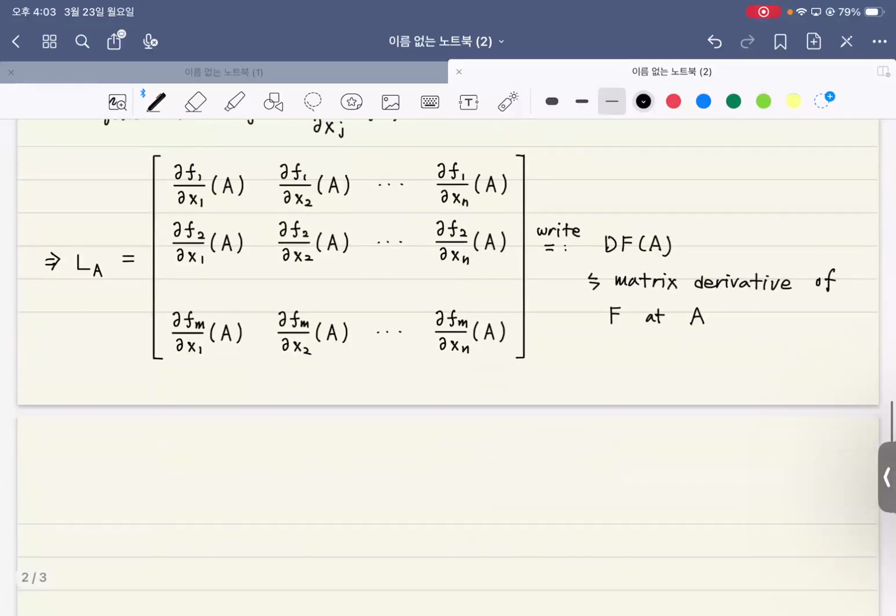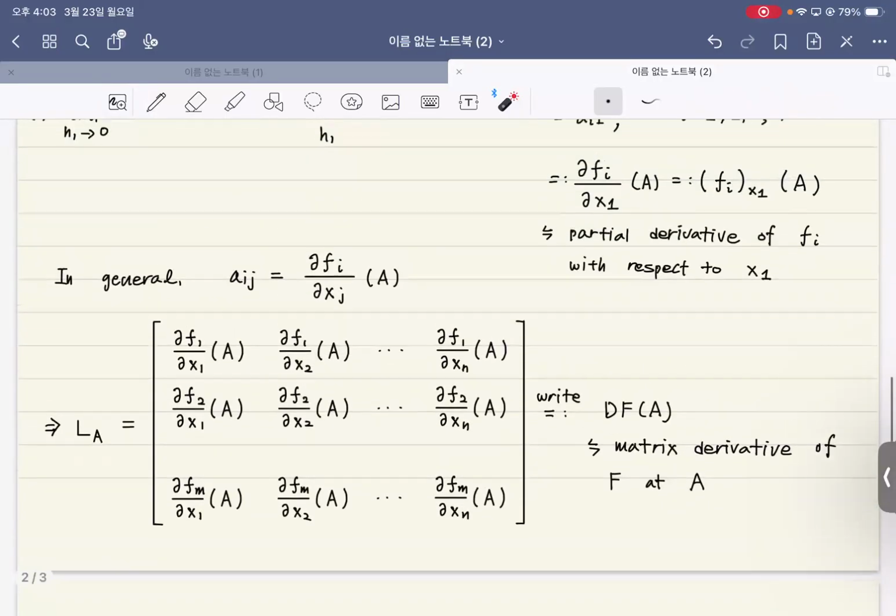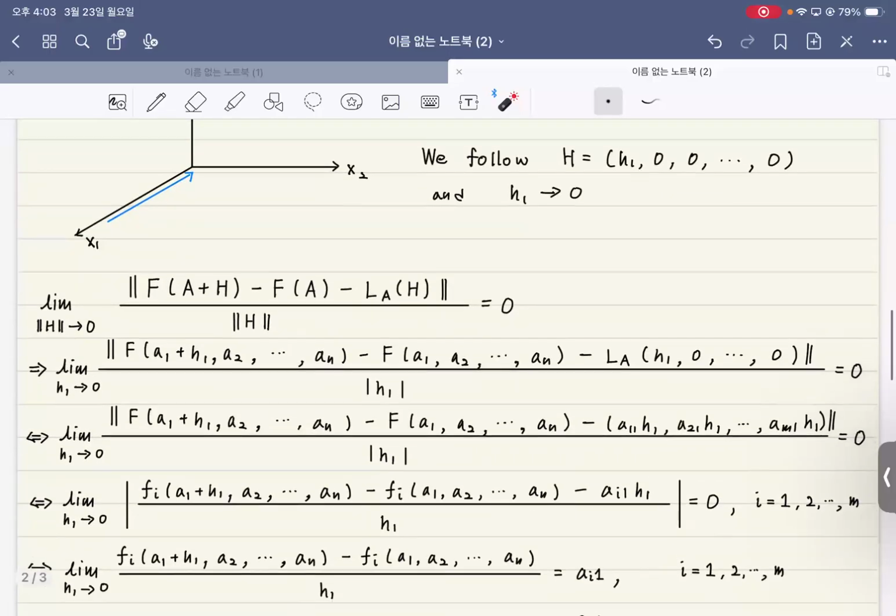Okay, then now why is this so important? Because this is the definition of the limit. Suppose that we were able to find this matrix. Since this is tending to 0, the numerator should also tend to 0, right?